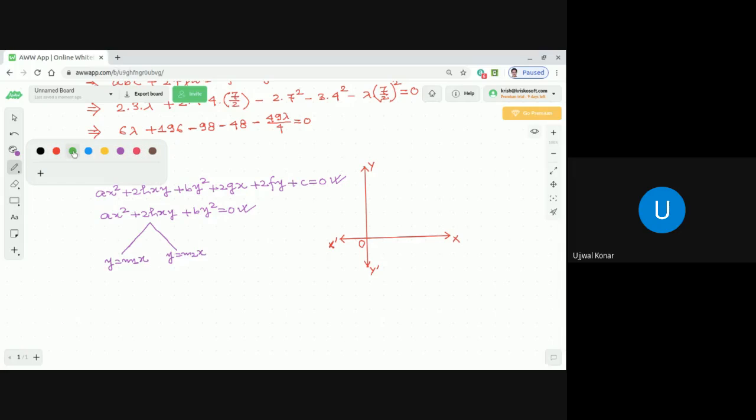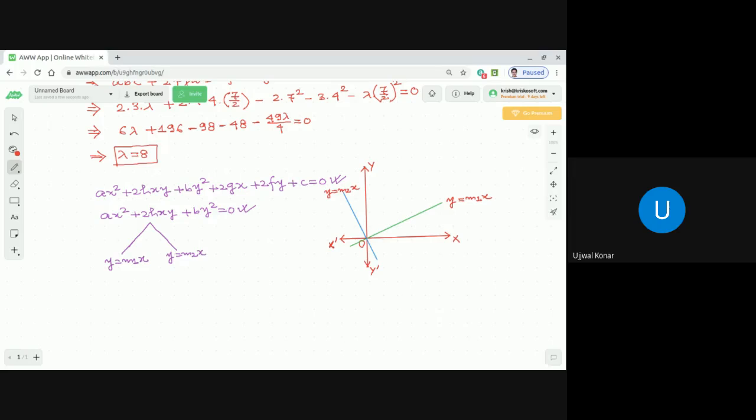Let us draw this. It is represented by, suppose, one green line and one blue line. Dear students, this is y equal to m1x and this is y equal to m2x, represented by the homogeneous equation ax square plus 2hxy plus by square equal to 0.